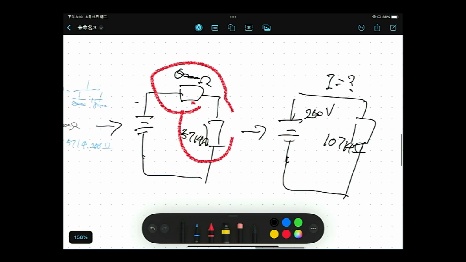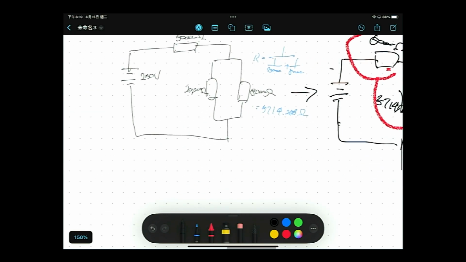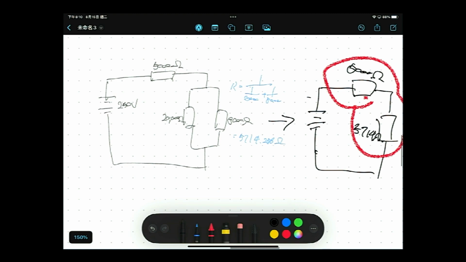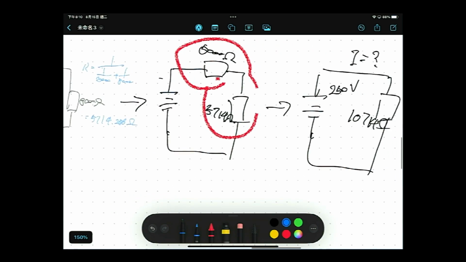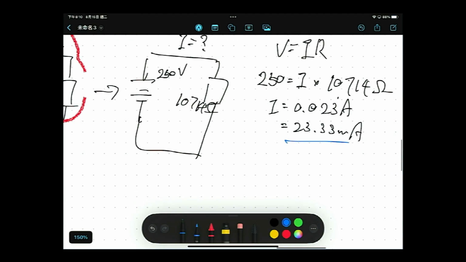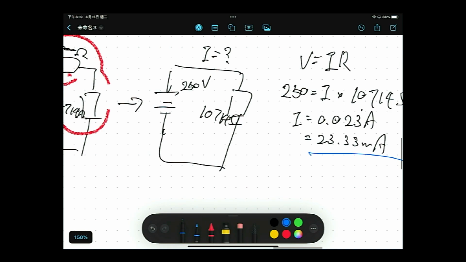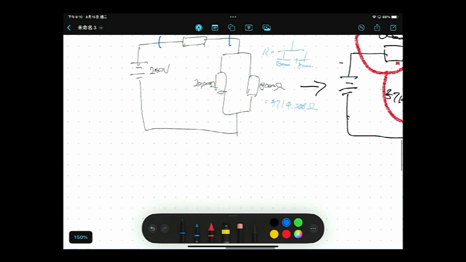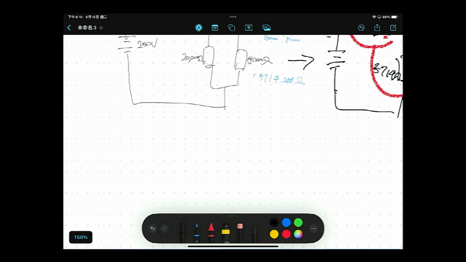Okay, so we have a circuit diagram like this. What is the voltage across these 2 points? I have to calculate the voltage across these 2 points. You know that I is 0.0238, right? So actually we can convert the circuit like this.